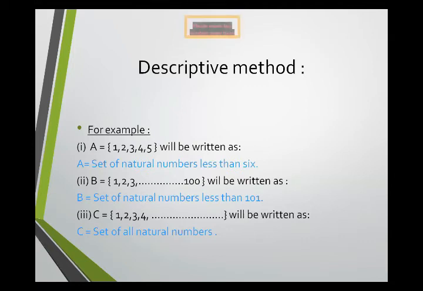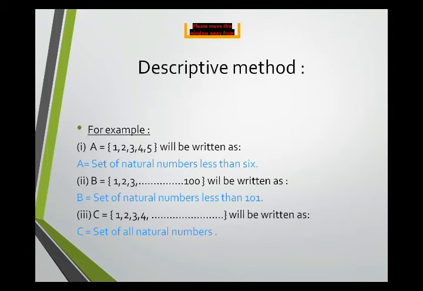How do we write this? We write B is equal to the set of natural numbers less than 101. Why do we write 101, class? Because we know where the counting ends. The counting ends at 100, and the number which is greater than 100 is 101. So we write here B is equal to the set of natural numbers less than 101.